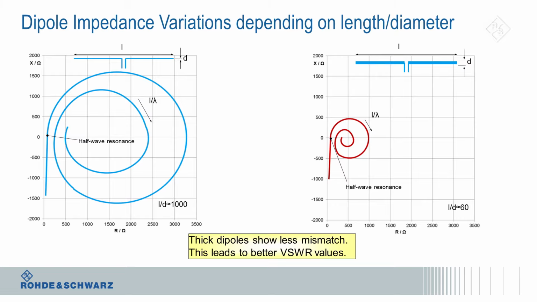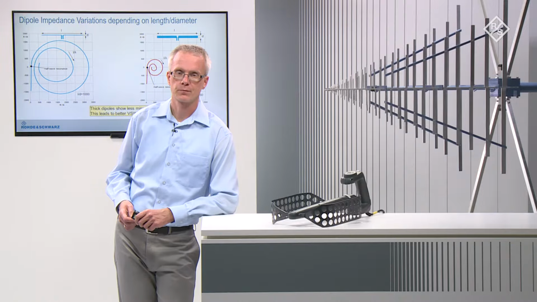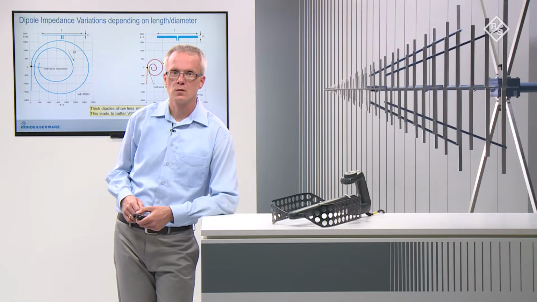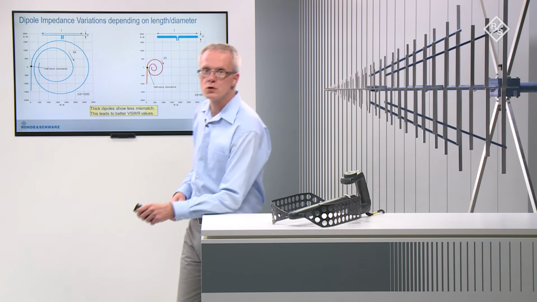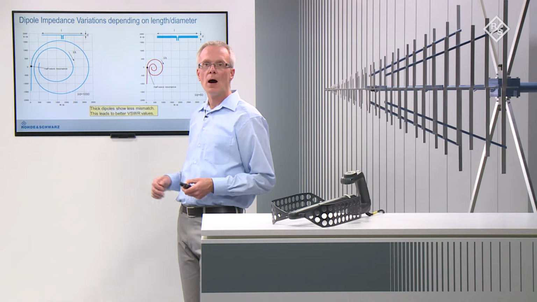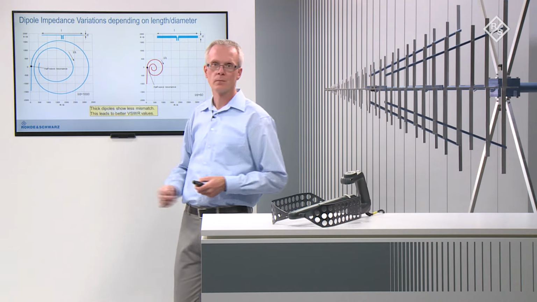When the half-wave dipole is used for broadband purposes, the antenna experiences the following problems. Its impedance strongly depends on the antenna's length to wavelength ratio, also called L over lambda. The curve on the left shows the complex impedance of the half-wave dipole as a function of L over lambda.